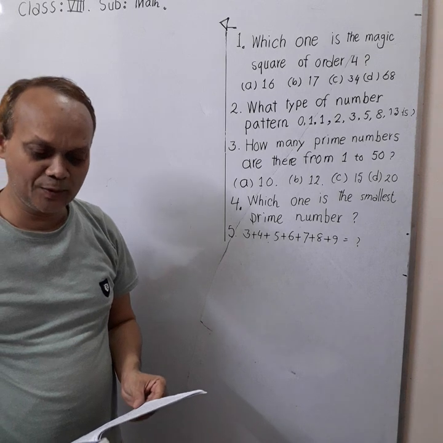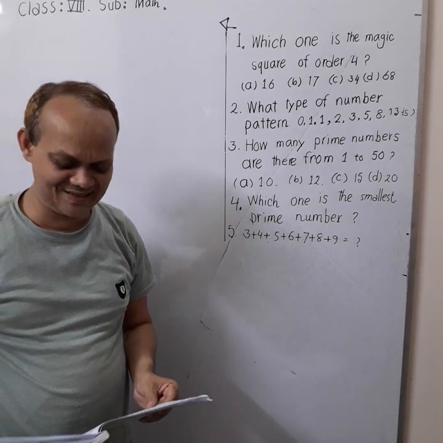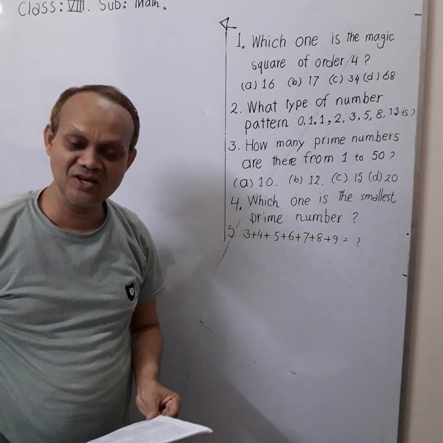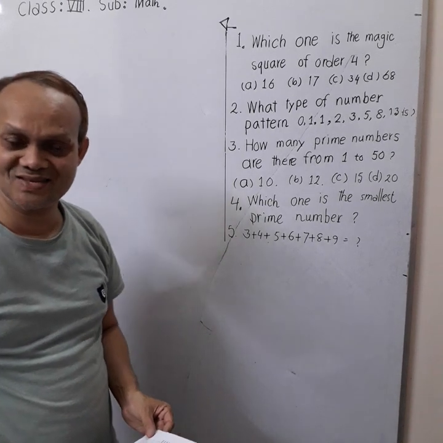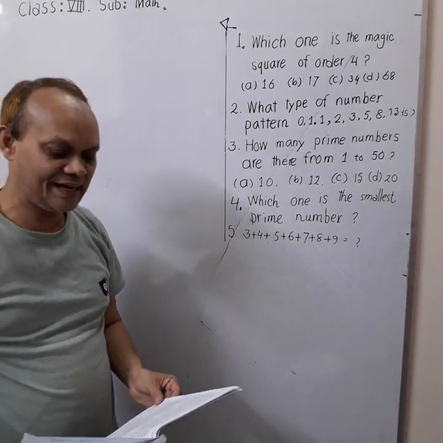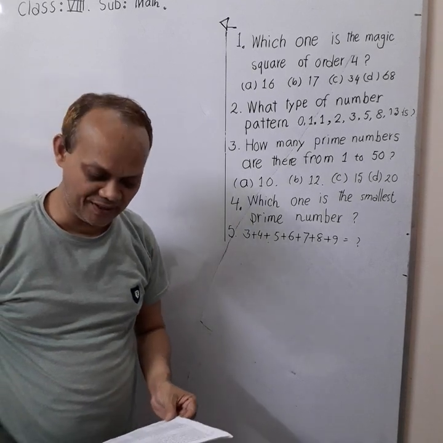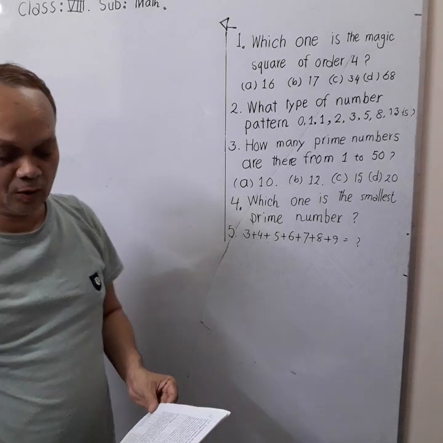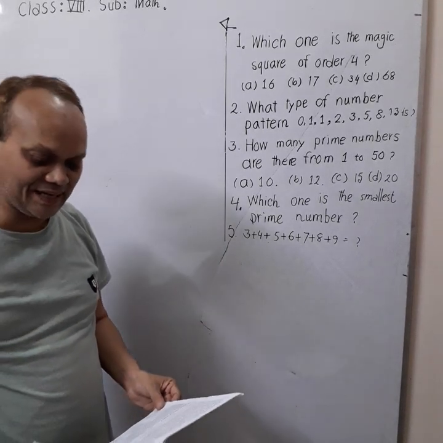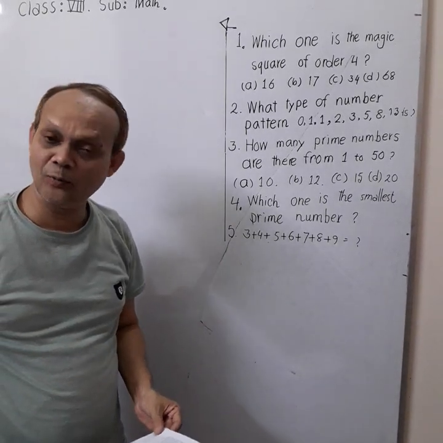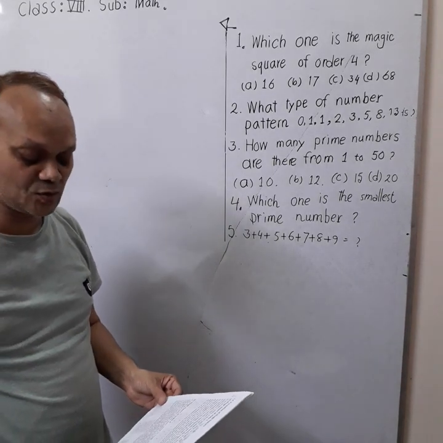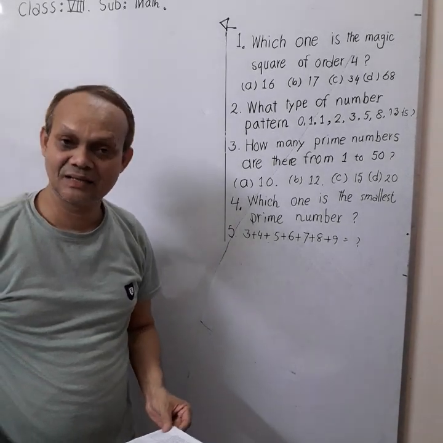In your page number 6 and 7, basically in page number 6, you are given the formation of a magic square. A magic square of order 3, another one is a magic square of order 4. You have learned that the magic number of order 3 is 15 and of order 4 is 34.